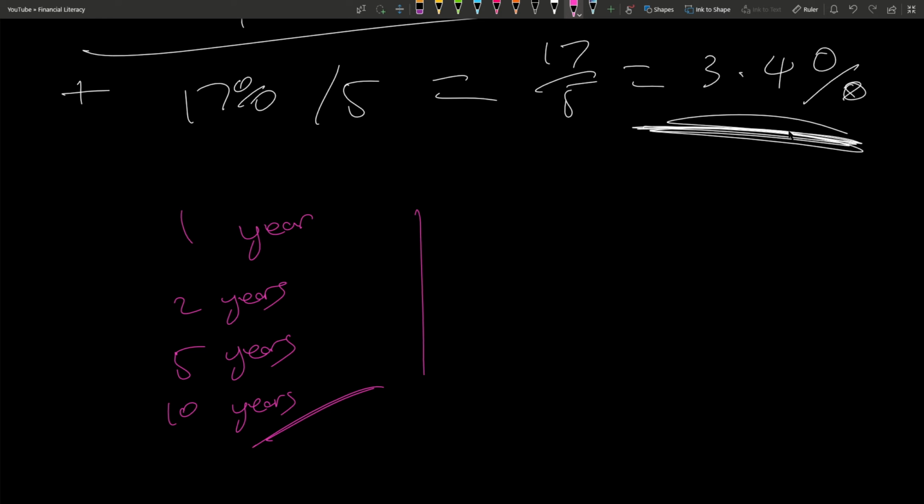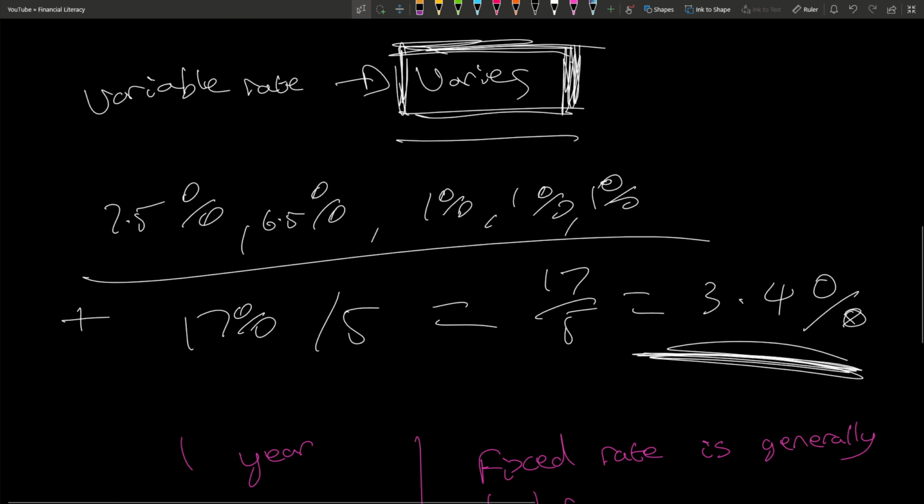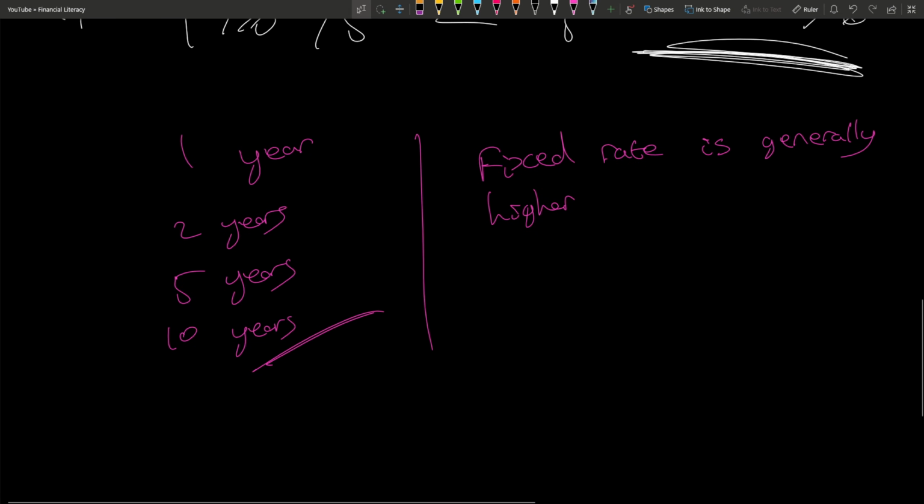The other thing to bear in mind is that a fixed rate is generally higher than the current variable rate. So this scenario was a bit loaded because I put the first year at 7.5%. It'll probably be more like 3.5%, so it's lower.